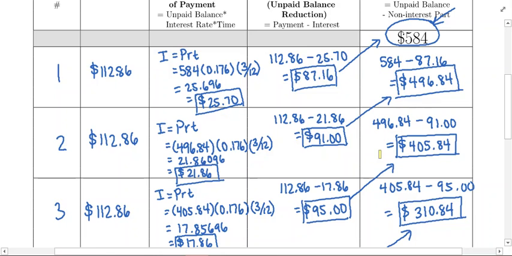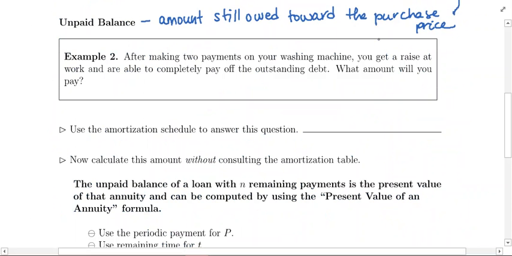What this number tells us is that after the second payment, you still owed $405.84 against the purchase price of $584. So that is going to be the answer: you would still owe $405.84 after the second payment.